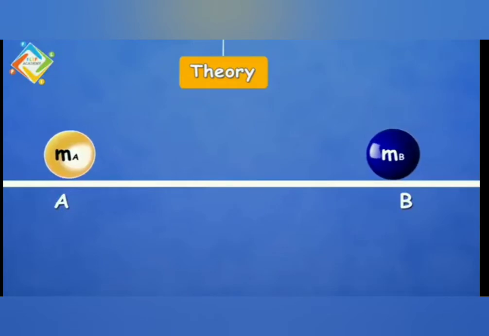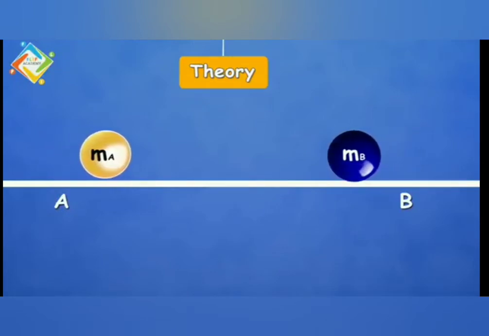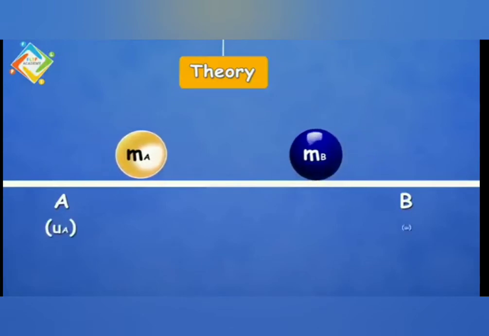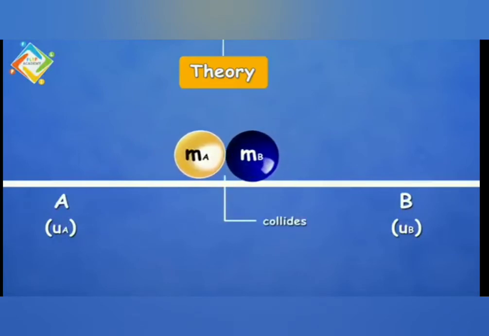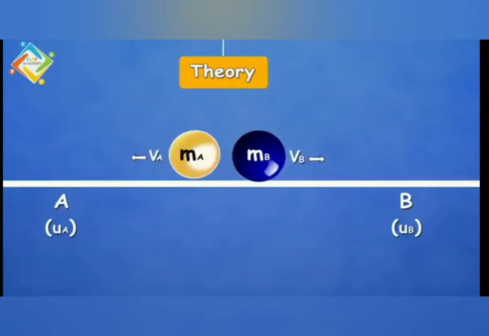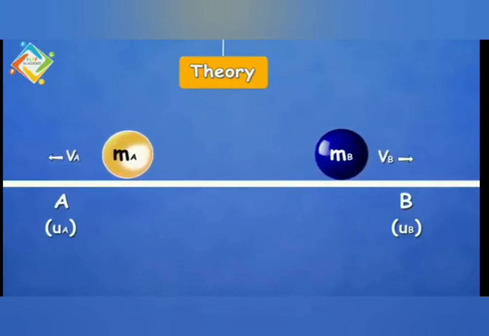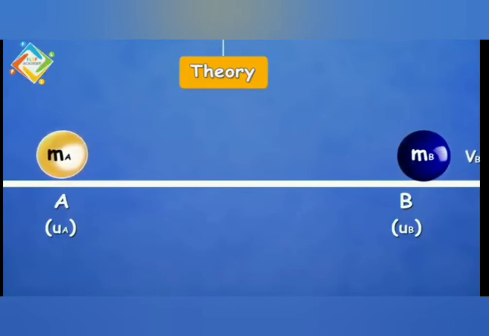Both balls are traveling along a straight line at initial velocities UA and UB, such that ball A collides with ball B. During collision, ball A exerts a force on ball B, let's say Fa, while ball B exerts a force on ball A, let's say Fb. After collision, the two balls move with final velocities Va and Vb.